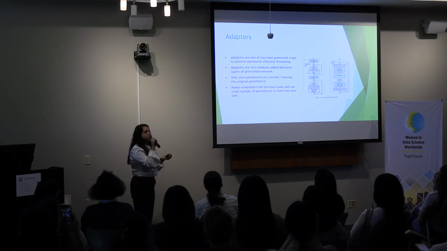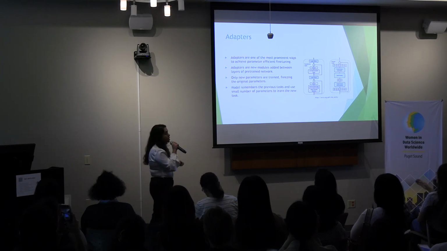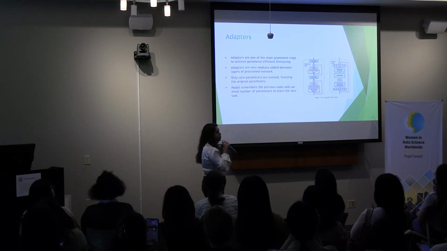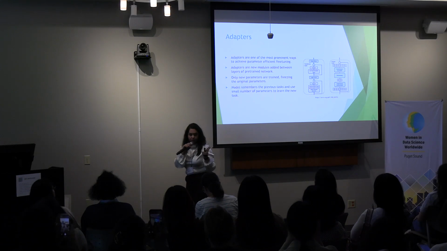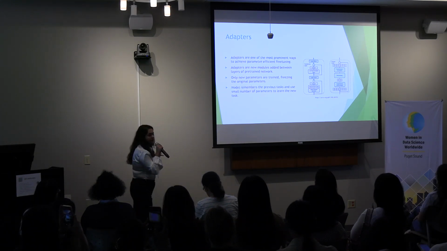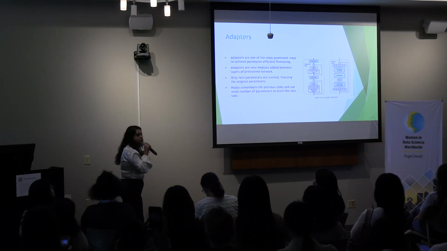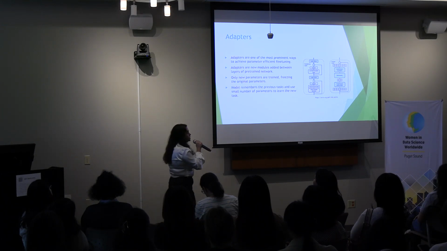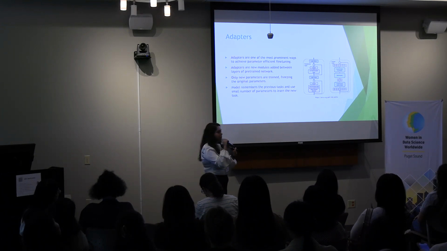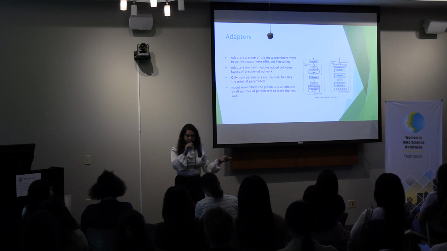Now these parameters are just a fraction of the original parameters. So we achieve two things. First of all, we fine-tune a very small number of parameters, so we are saving a lot on compute power. At the same time, we are freezing the original parameters, so we are not doing anything to the originally acquired knowledge of the LLMs.